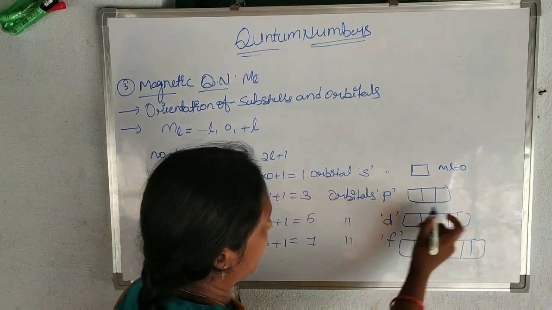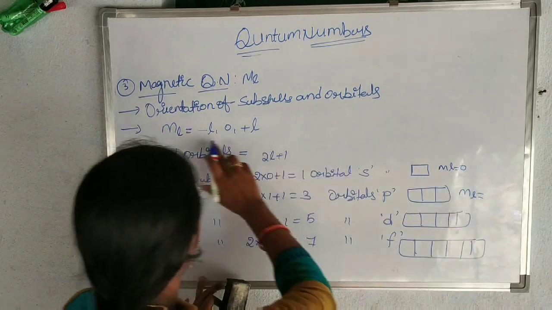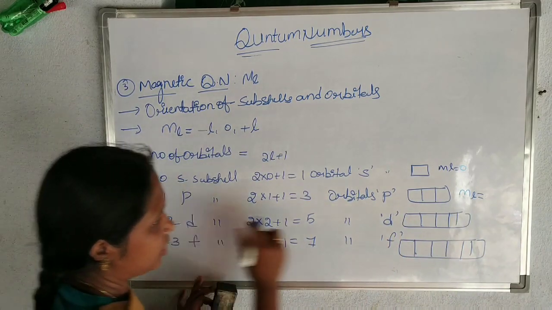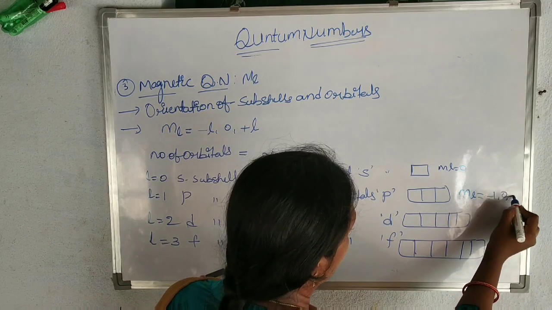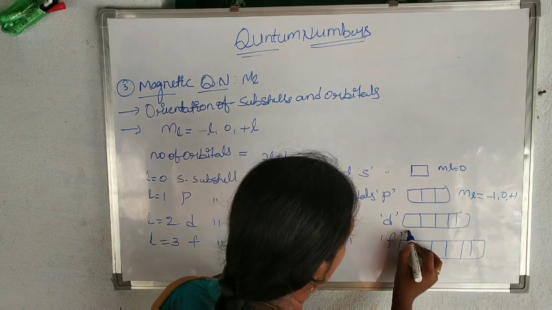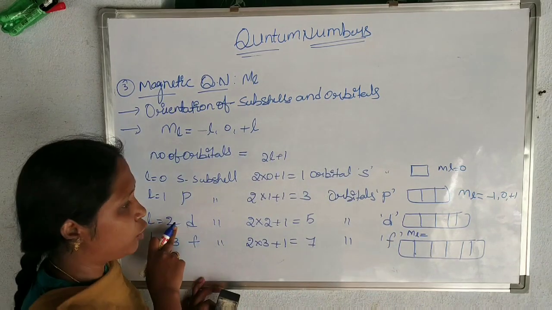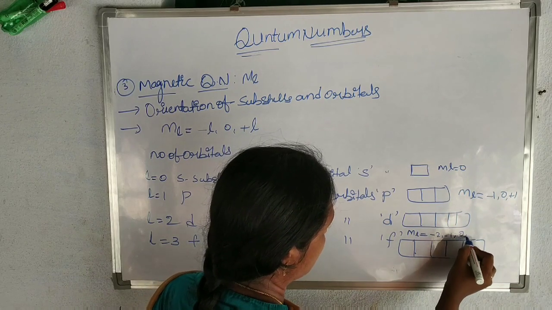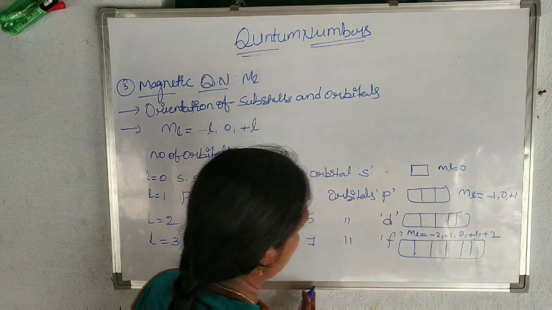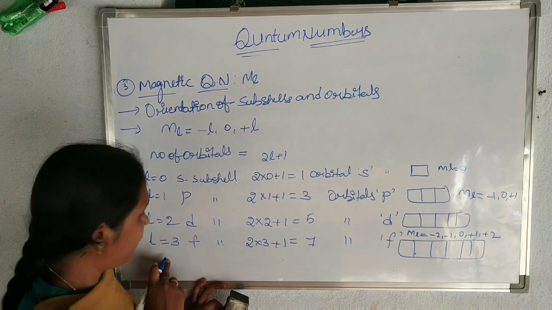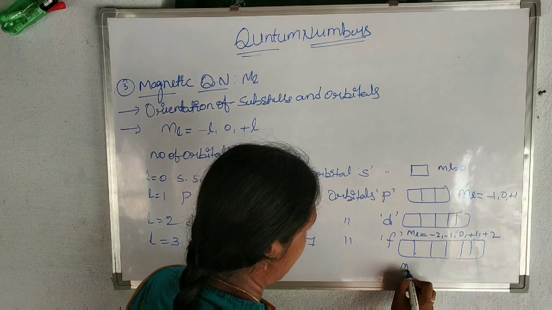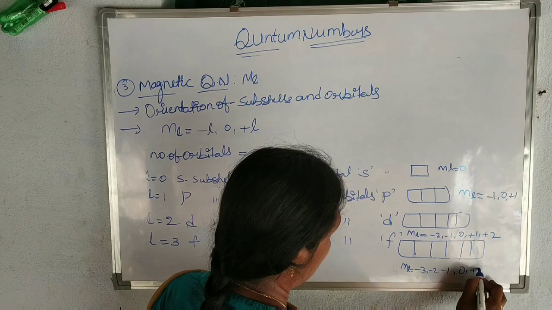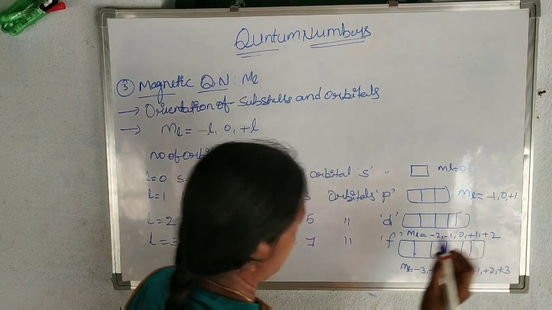The P orbital has L value 1, so ML values are minus 1, 0, plus 1. The D orbital has L value 2, so ML values are minus 2, minus 1, 0, plus 1, plus 2. The F orbital has L value 3, so ML values are minus 3, minus 2, minus 1, 0, plus 1, plus 2, plus 3.